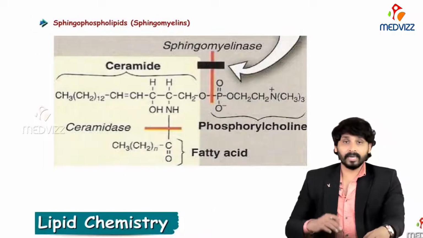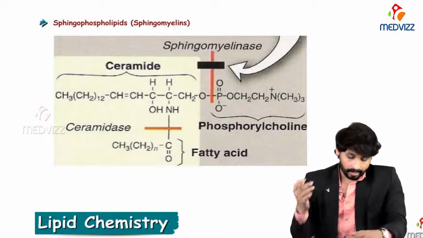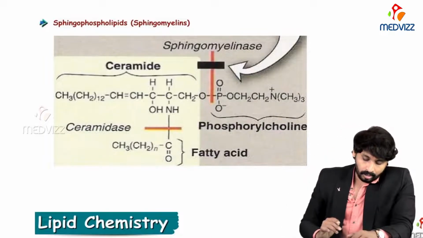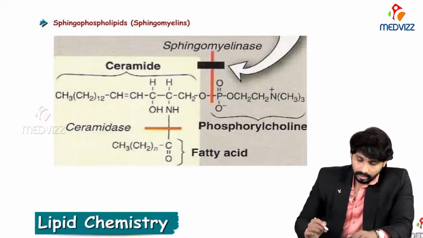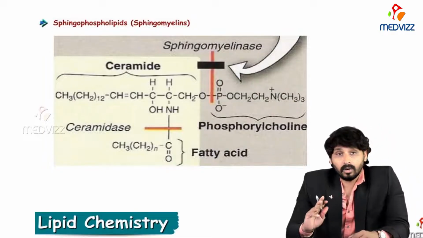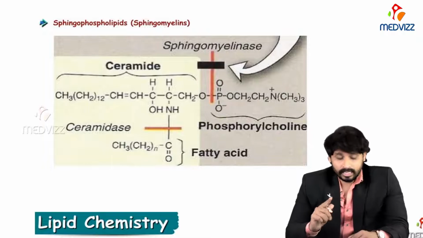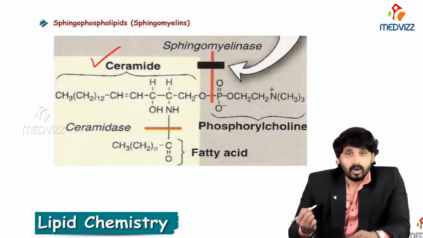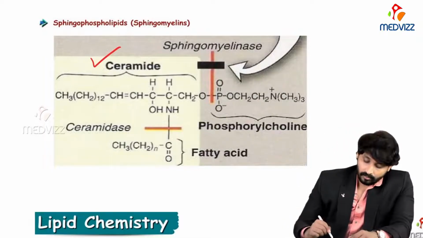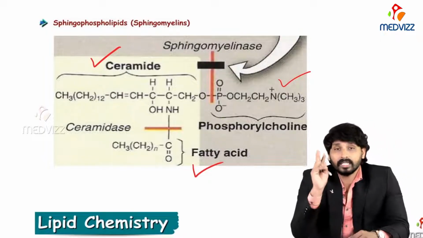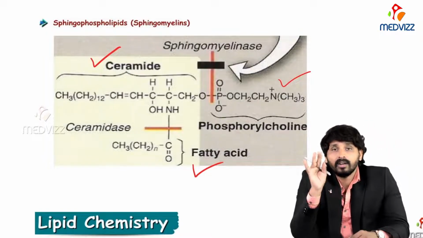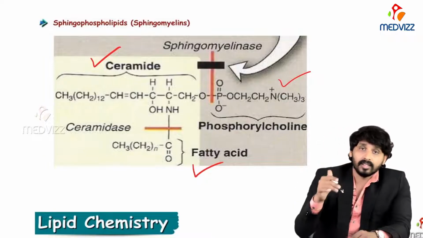So for sphingophospholipids, you see the structure in this slide. Sphingomyelins are made up of three parts: first, ceramide; second, phosphorylcholine; and third, a fatty acid. What happens?